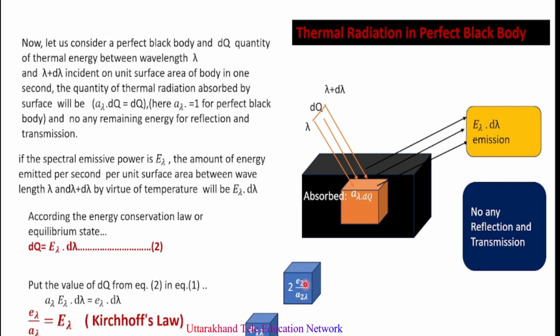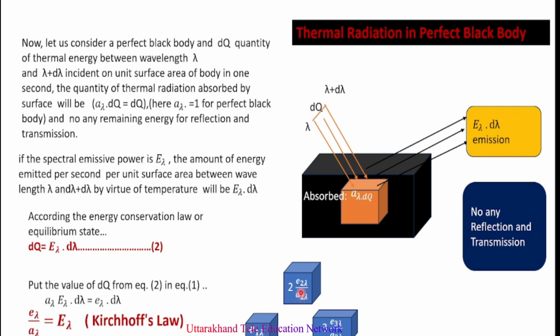We consider a second body, where the ratio is E2_λ upon A2_λ. The third body has E3_λ upon A3_λ as the ratio of emissivity and absorptivity, and the fourth body has E4_λ upon A4_λ. So these are four bodies.